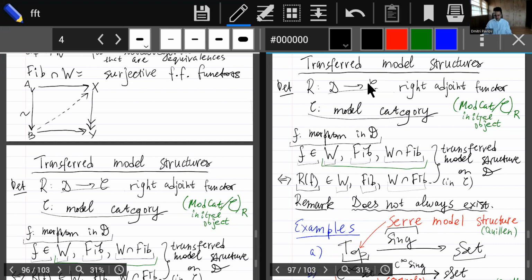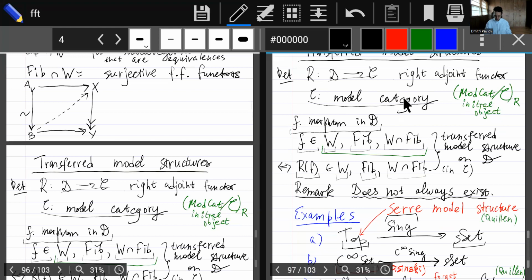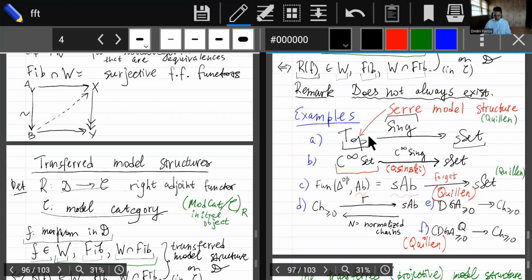You have a model category C, and you have a right adjoint functor R from D to C. And you say, okay, I'm going to create a model structure on D by declaring that weak equivalences and fibrations are induced by the functor R. The transfer model structure does not always exist, but of course, when it does exist, it is defined uniquely because weak equivalences and fibrations determine all the other classes of maps. And we gave some examples.